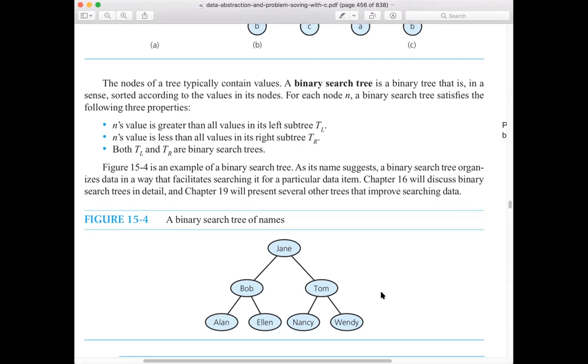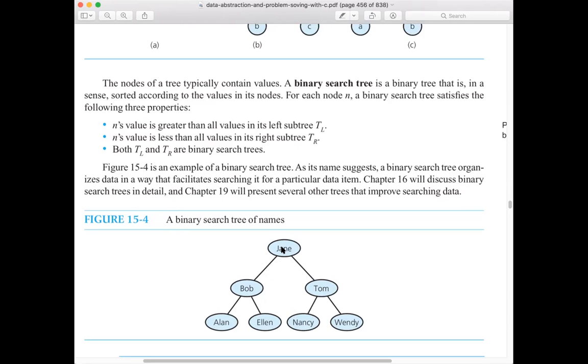So what that does for us, just to give you a sneak preview, is if I am looking for a particular name in this tree, and I see that the root of the tree is Jane. Let's say I'm looking for the name Peter, right?